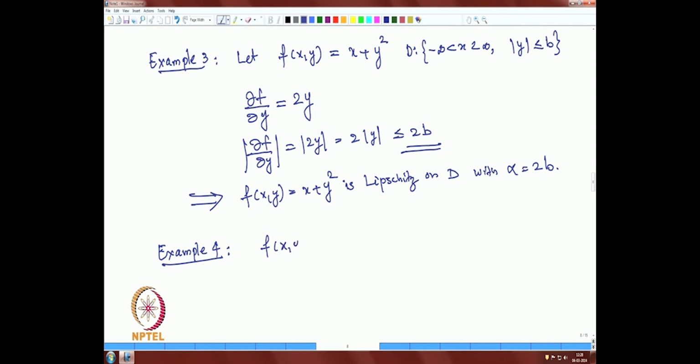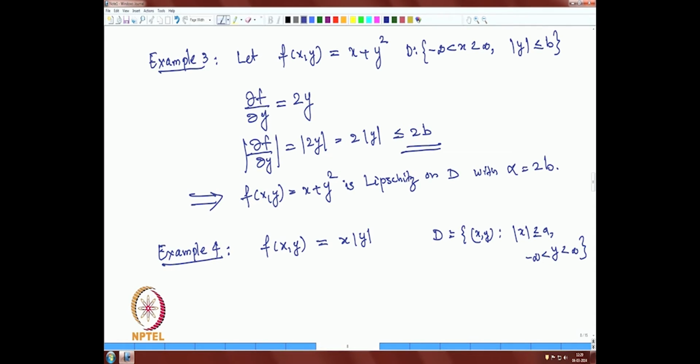f of x, y is given by x into absolute value of y, which is defined on a domain where (x, y) are such that mod of x is less than or equal to a and y is between minus infinity and plus infinity.